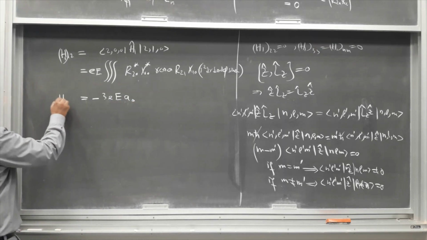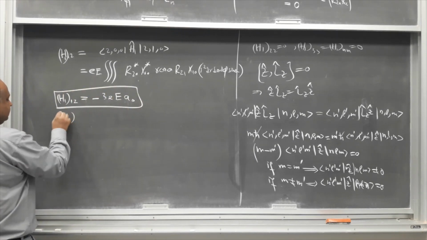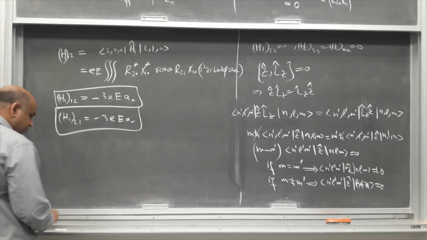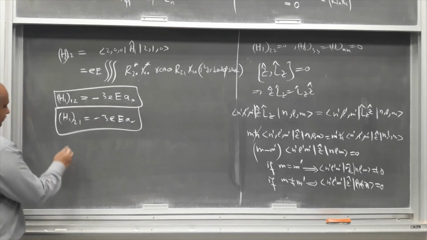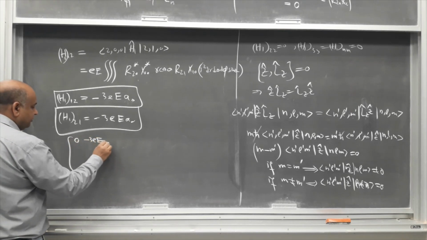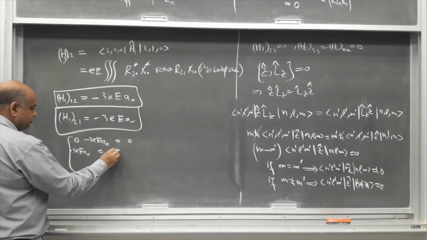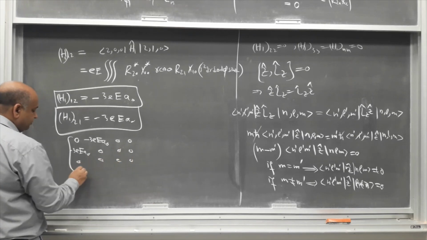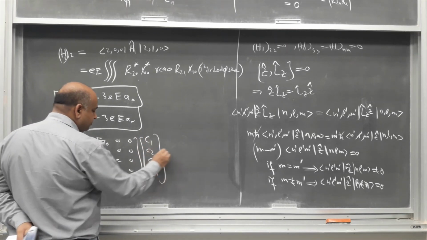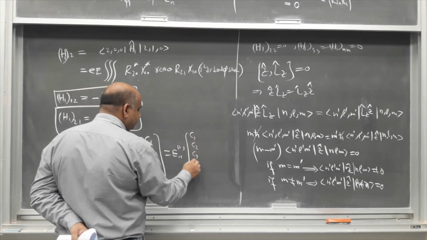So this is H12, and similarly H21 is also this number, which now means that we have found our matrix, and it is 0, −3e a0, 0, 0; −3e a0, 0, 0, 0; and zeros elsewhere, acting on the column vector C1 C2 C3 C4, equal to E times C1 C2 C3 C4.